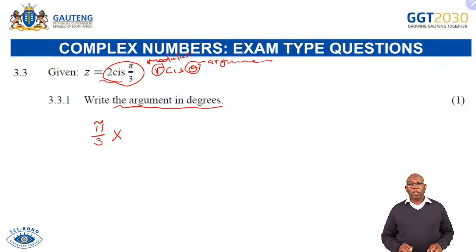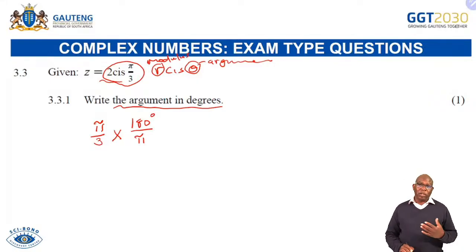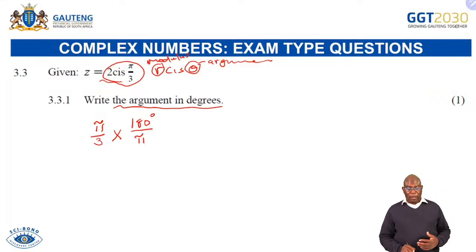How do I change radians to degrees? Remember, it's an angle. I don't want the pi, so I must divide by pi. On top, I'll put 180 degrees, so 180 degrees over pi. If I want to change degrees to radians, I put the degrees at the bottom, pi on top.